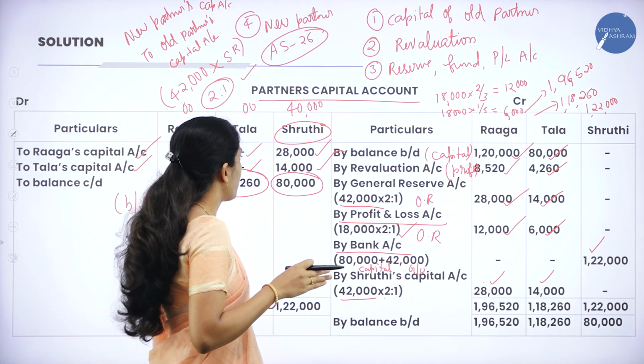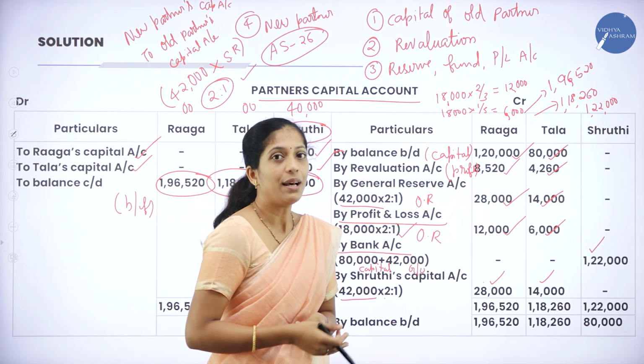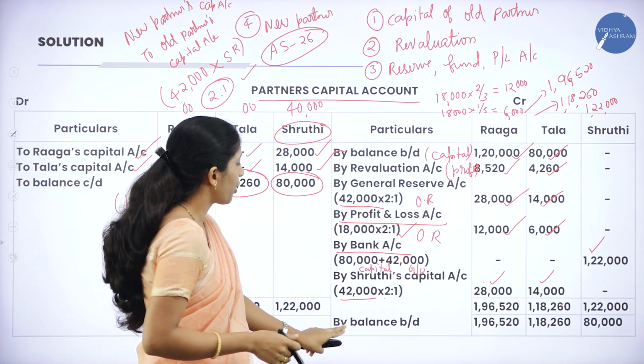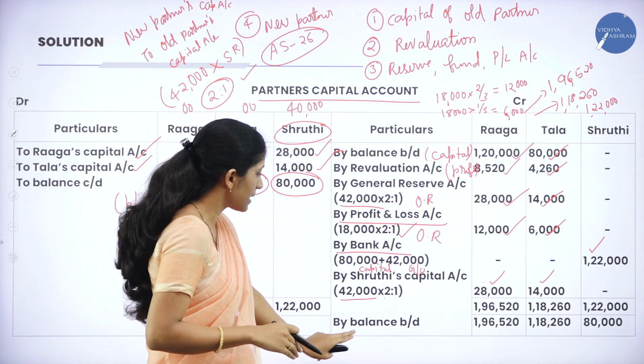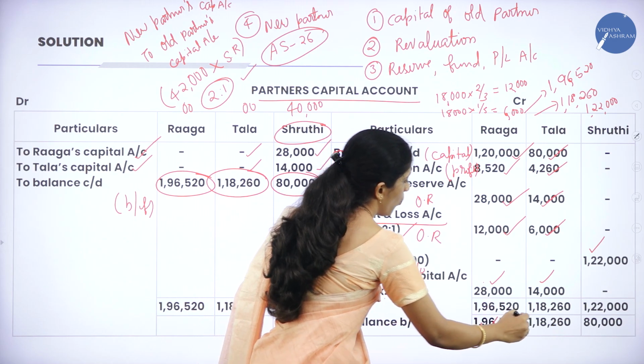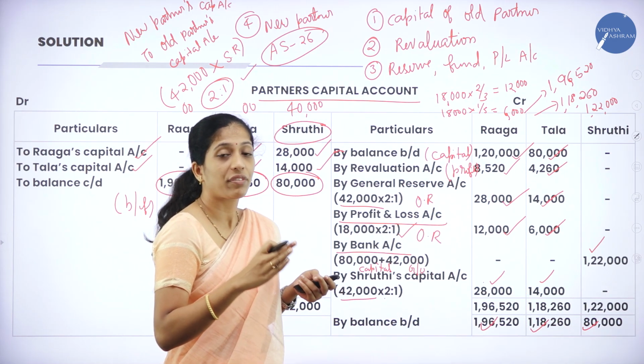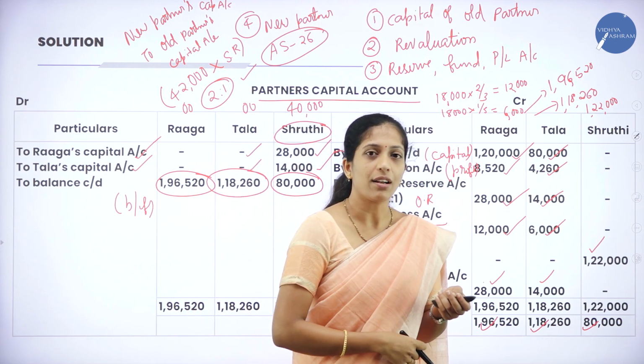Now all these balancing figures have to be carried down to the balance sheet. Whatever amount you have carried down, bring down that balance. By balance brought down, the same amounts, that is 1,96,520, 1,18,260 as well as 80,000.